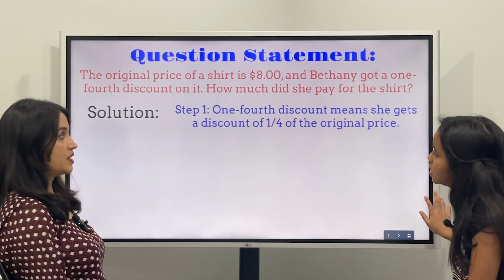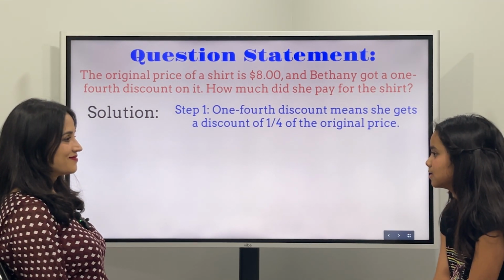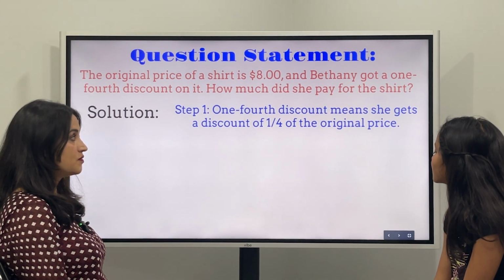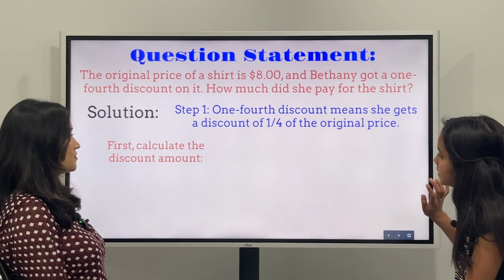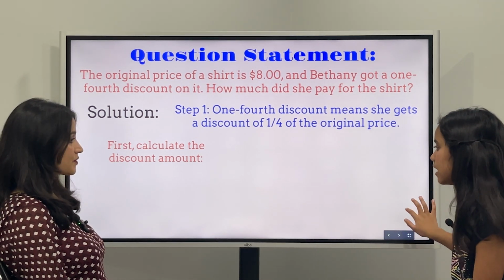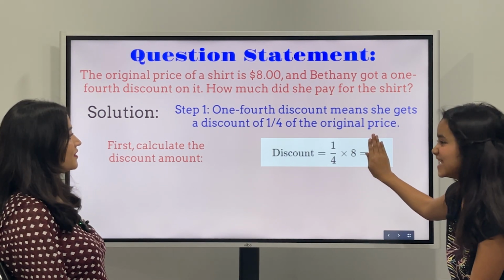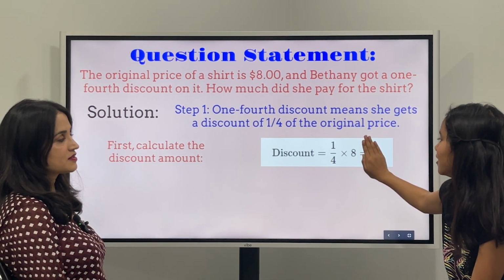How can we solve that problem? Step 1: a 1/4 discount means she gets a discount of 1/4 of the original price. First calculate the discount amount, which is 1/4 times 8, which equals 2.